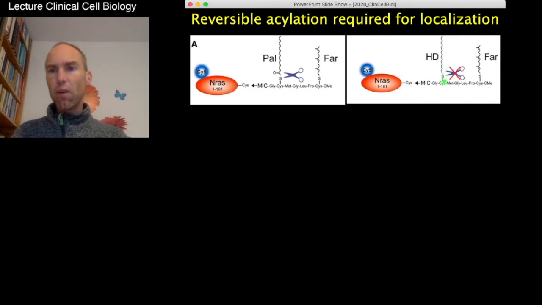So it's an analog, and you see it's missing one side chain here, and it's no longer cleavable. So they made this variant that has a palmitoyl-like fatty acid chain, but it's not cleavable. And then, because these proteins have a fluorescent probe, they need to be micro-injected into cells, and they looked at the localization.